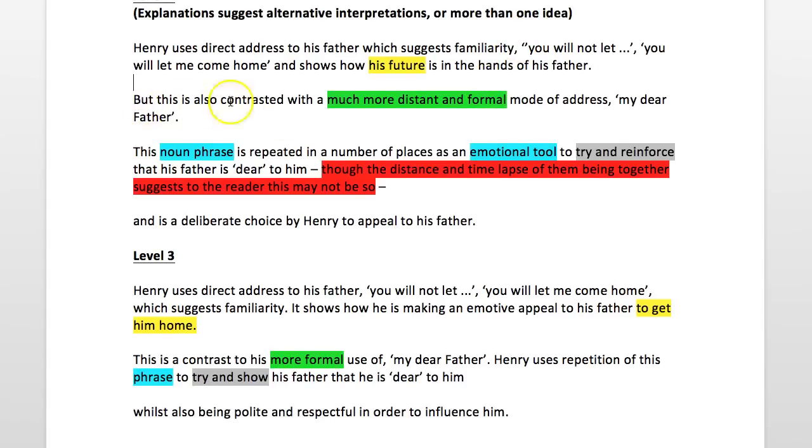Okay, this is also a contrast, so it's pretty much the same. His more formal use of, you will not let, sorry, my dear father. Well, the same quotation is used here, but it's made even shorter, just focusing on the one word.